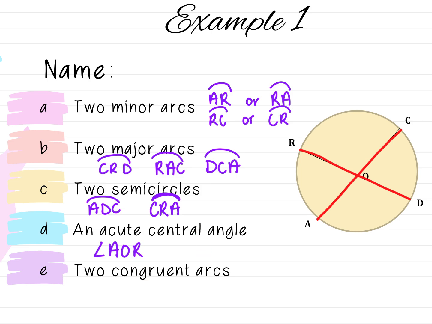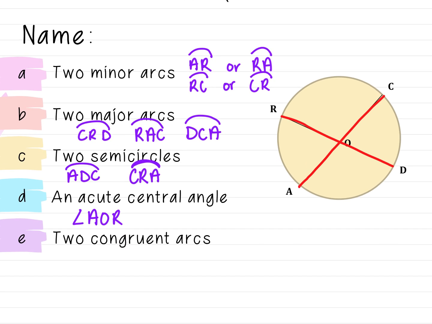And then the last one, who could give me two congruent arcs? Say it one more time. I can't do COD because that's not an arc, that's an angle. CAR. Okay, and which one's congruent to that?